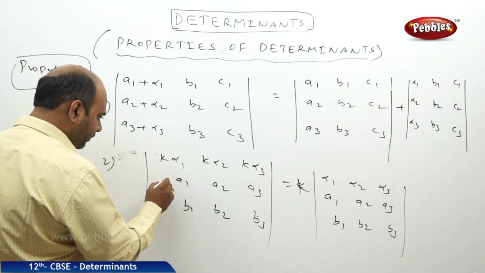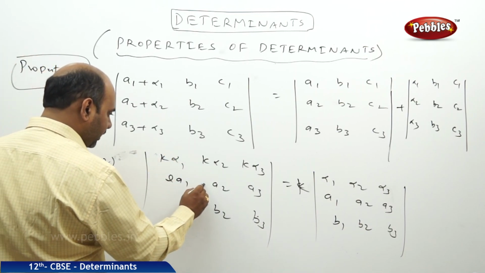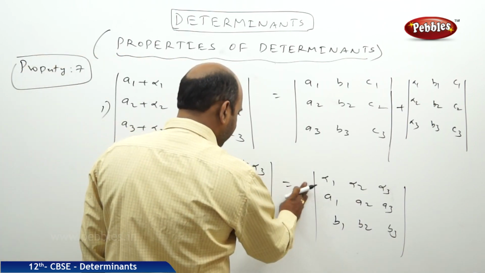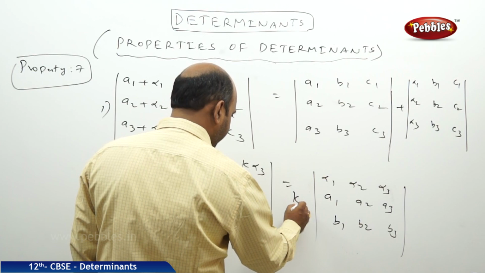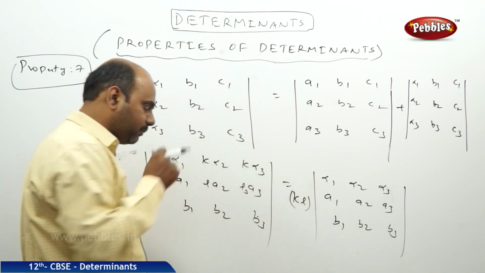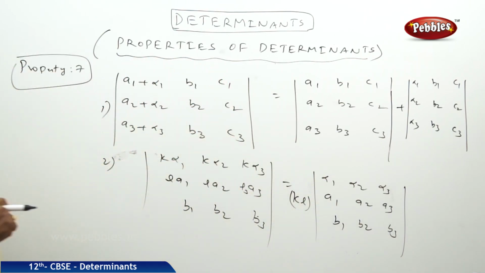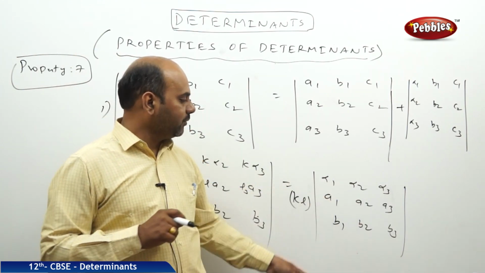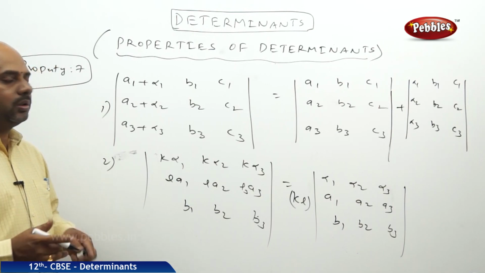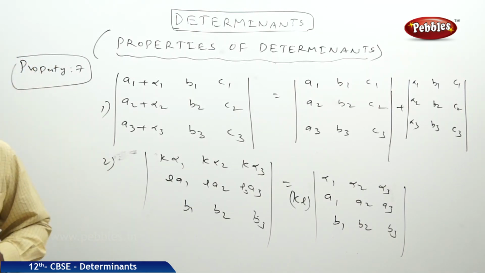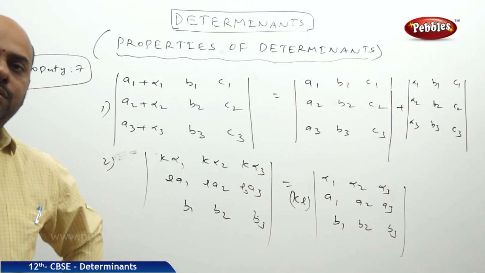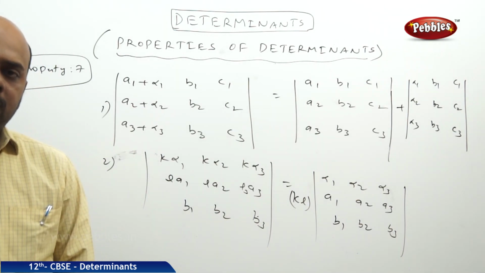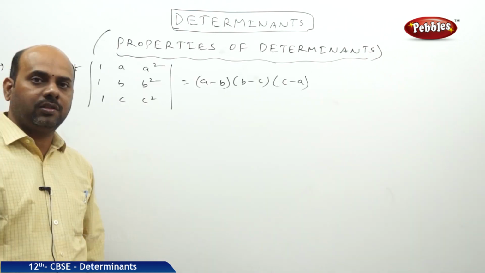Sometimes you may get like this: LA1, LA2, LA3, then that L also I can bring outside, and both scalars come in terms of product, like KL into alpha 1, alpha 2, alpha 3, A1, A2, A3, B1, B2, B3. So with this we finished properties of determinants, and we shall see 2 to 3 numericals based on the properties of determinants, and we conclude the chapter.